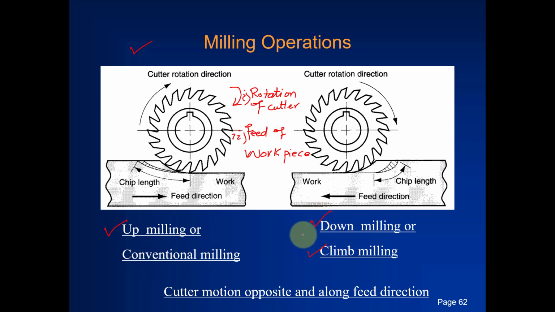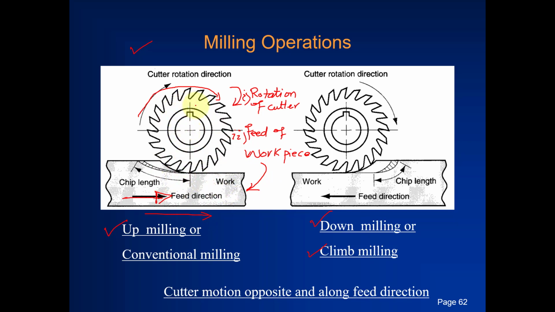So you can see in up milling, this is the rotation of cutter, and this is the workpiece feed. So the workpiece is moving in this direction and the cutter is rotating in the opposite direction. So both are opposite. Clear?